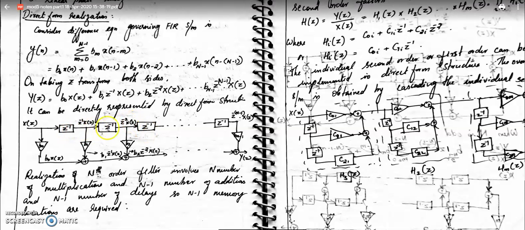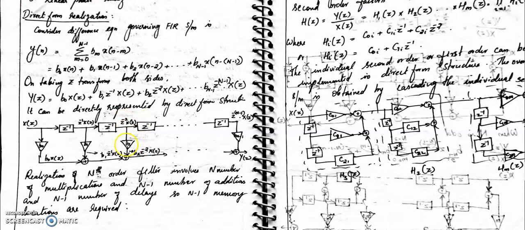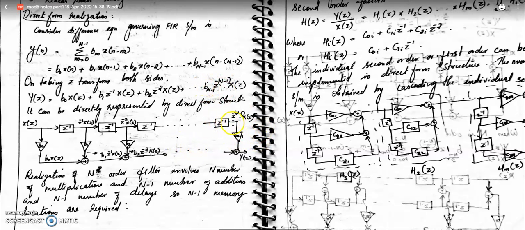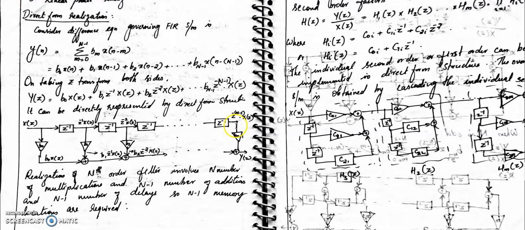Then you multiply it with b2 and add it. Like that, you continue, and finally the last one. You should have N minus 1 number of z inverse delay units here, and the last delay unit gives b of N minus 1 z raised to minus (N minus 1) x of z. Finally, all will be added together to give y of z.